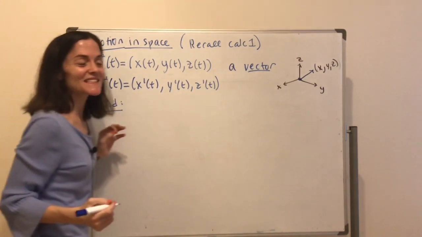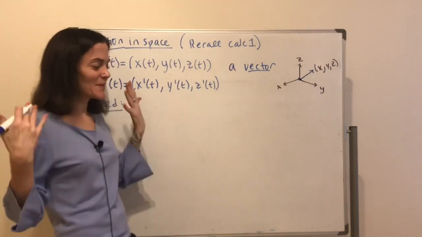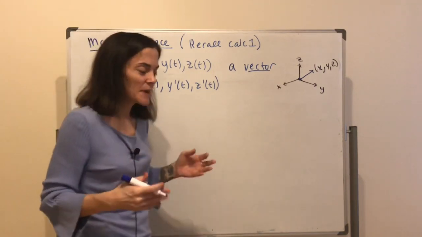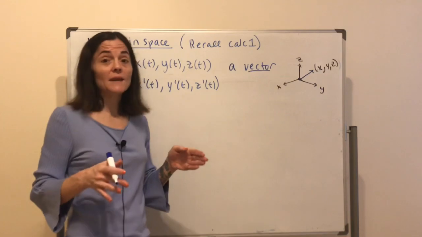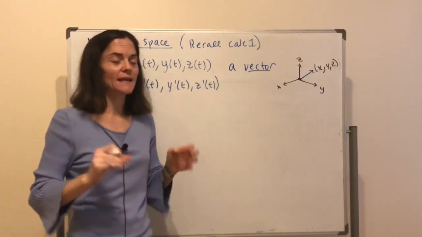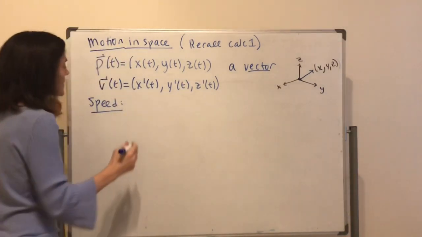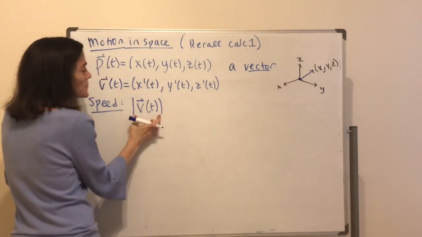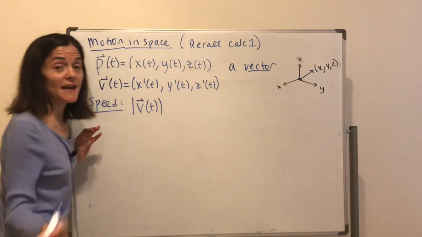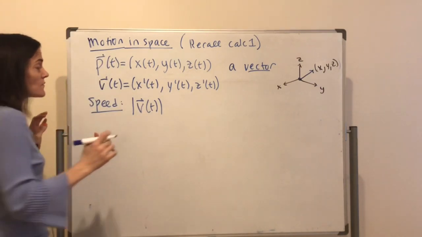And all of this looks like what we just discussed with the one-dimensional case. Because when I took that absolute value of velocity, really what I integrated was the speed, right? Now this looks the same, except these bars, when there's a vector on the inside, are not absolute value.